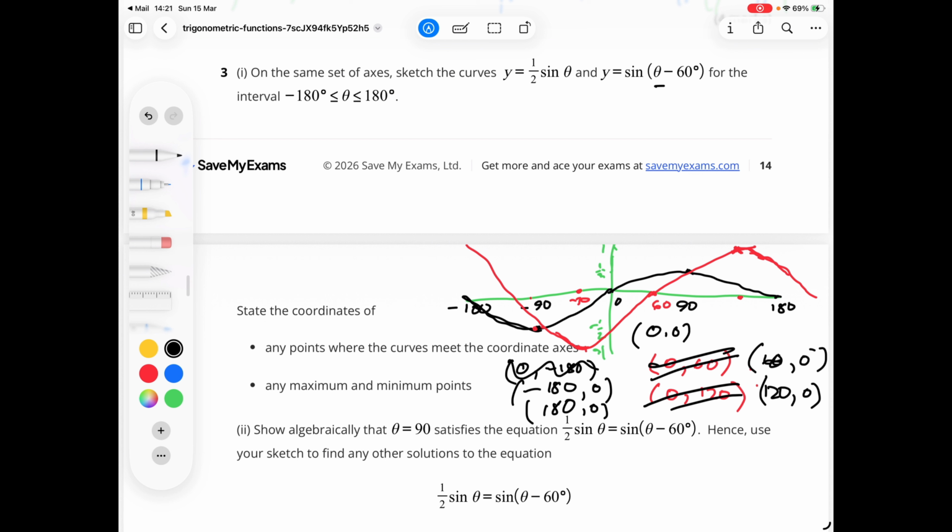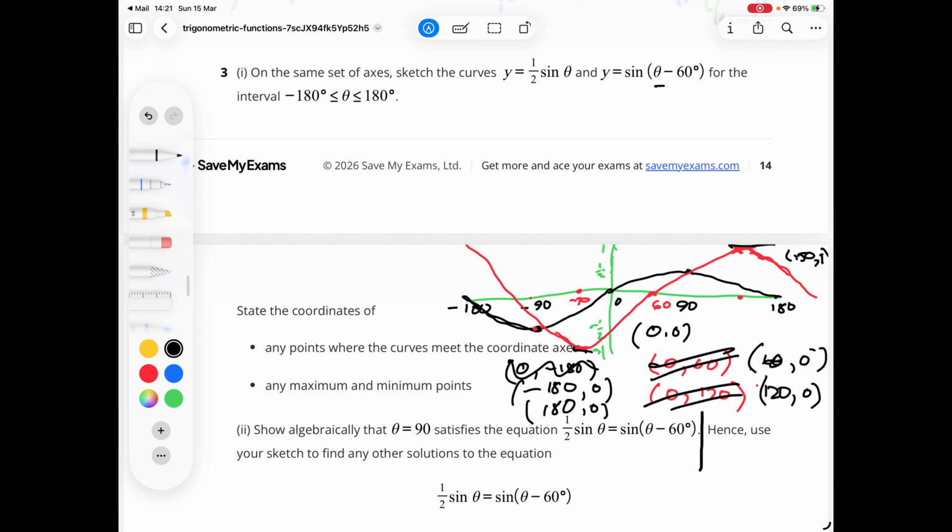Now, maximum and minimum points. Show algebraically. So this one here would normally be 90, so that's 150, 1.